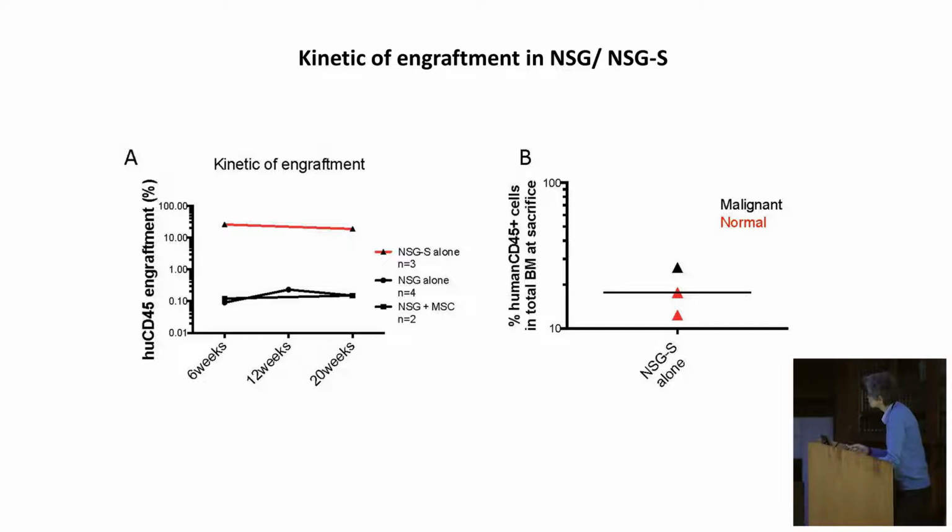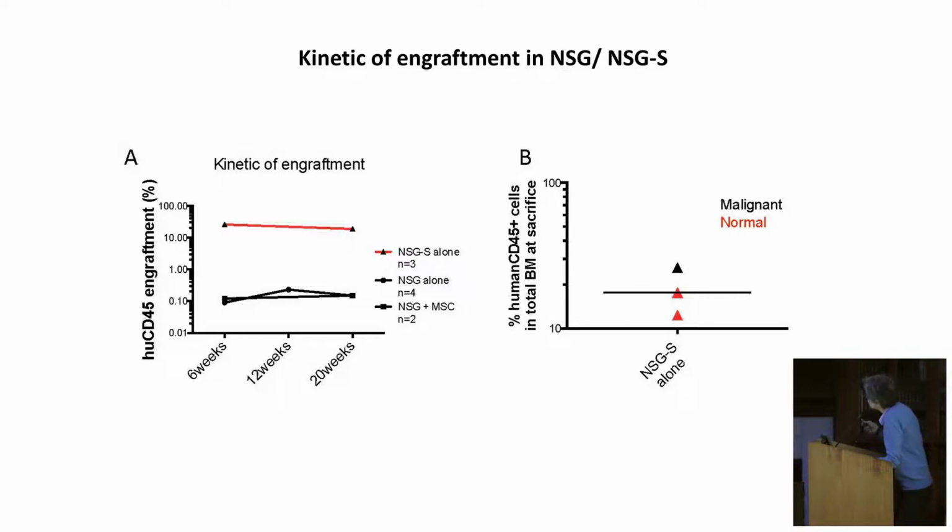Some NSG mice were co-injected with autologous mesenchymal stromal cells, hoping to find a similar increase in these mice, but we didn't see any differences whether or not we co-injected autologous MSC.